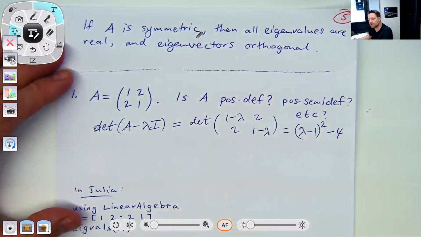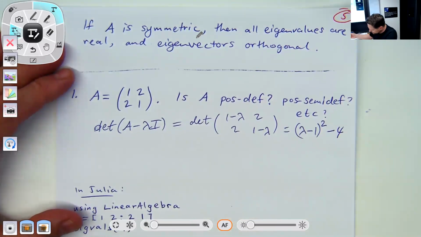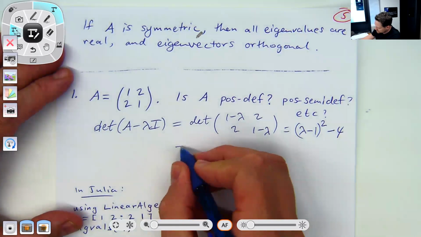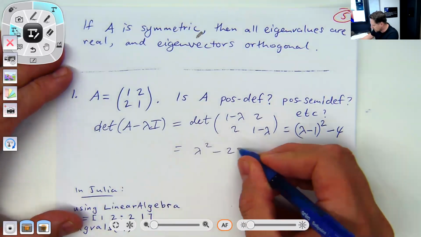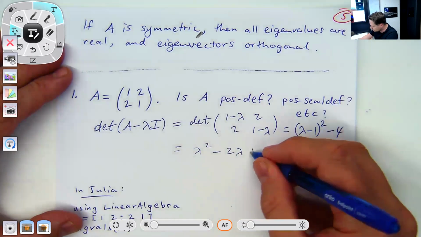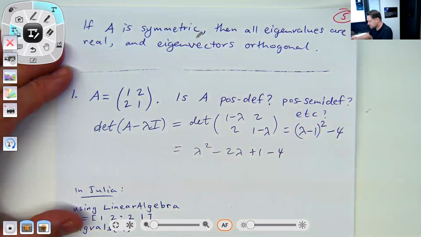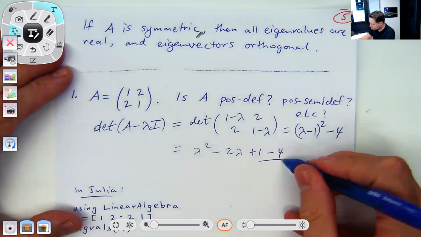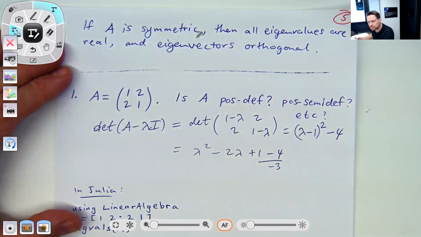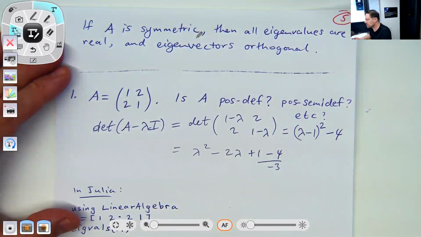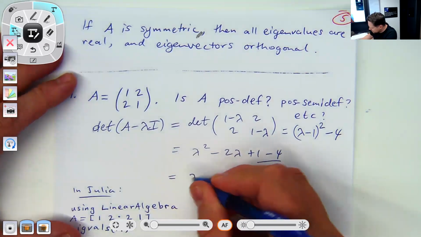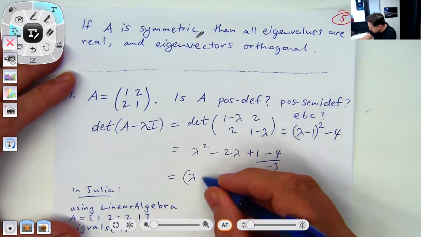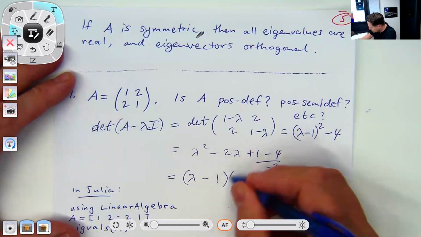Okay, so next we want to expand this and then factorize it. So expanding, we've got lambda squared minus 2 lambda plus 1 minus 4. So that's a minus 3 there, right? Minus 3. And now we can see that it factorizes fairly easily. We've got lambda plus 1, lambda minus 3.